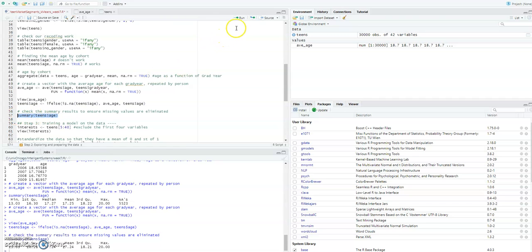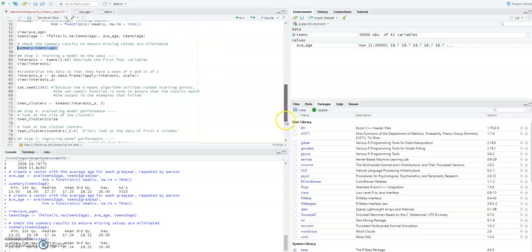So now if you run the summary command, you will see that previously we were getting this number of NA values, but now that you have imputed the missing values with the mean age values, we will get the first quartile value, the minimum value, the max age value, and the NA column will now disappear because we have imputed the missing values with the mean age value.